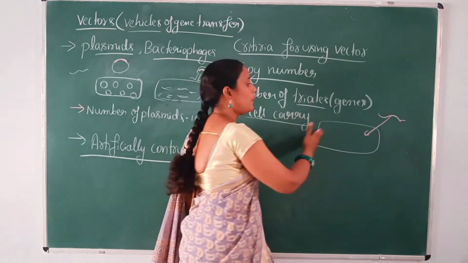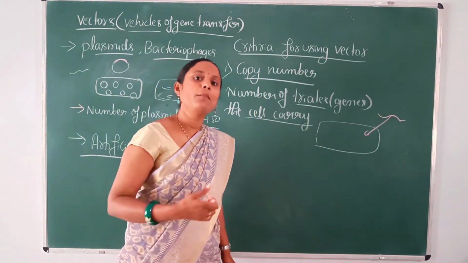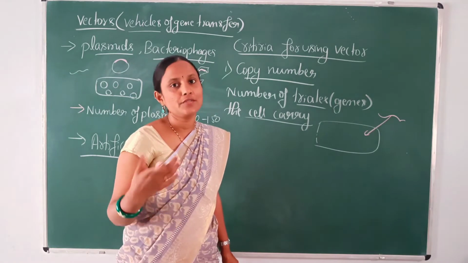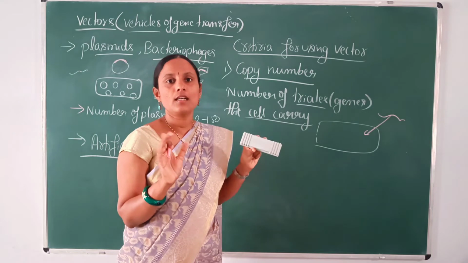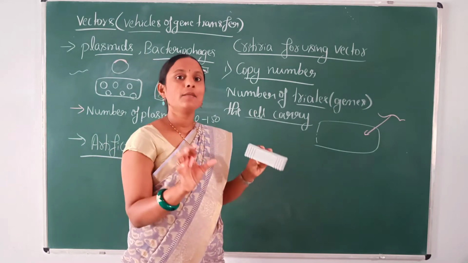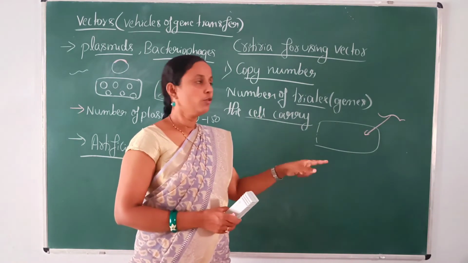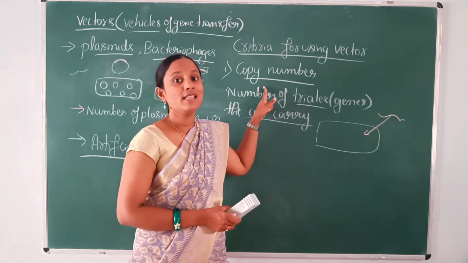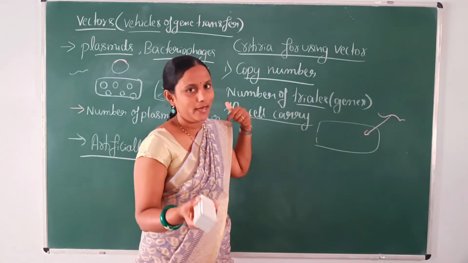So how much number of vectors are produced, that much number of gene of interest will also be produced. So always we should look at, there should be production of more copy number, so that vector can be used. That vector which is capable of producing high copy number is recommended for gene transfer rather than any other things.